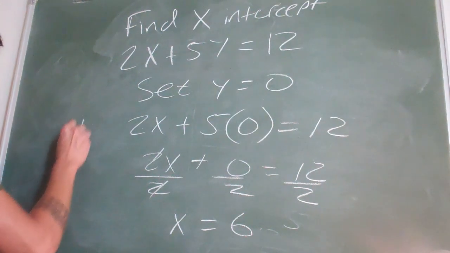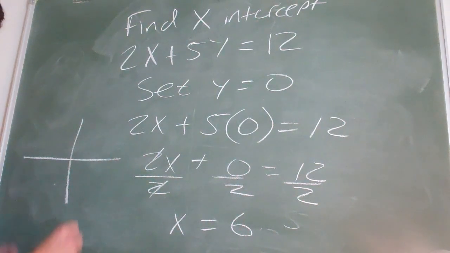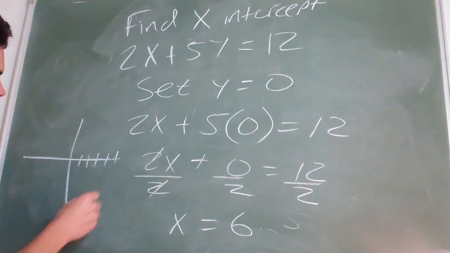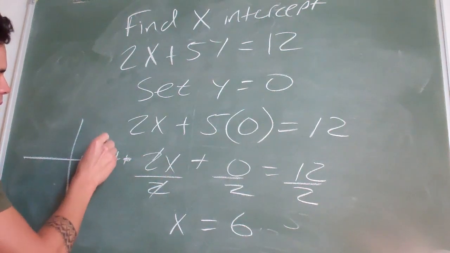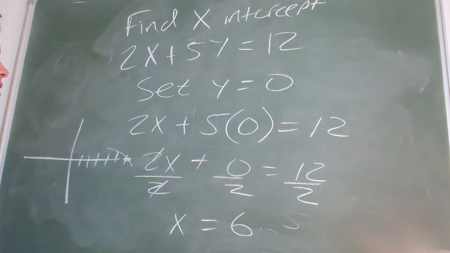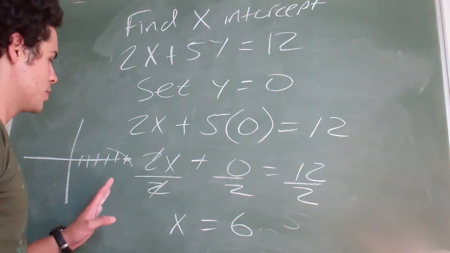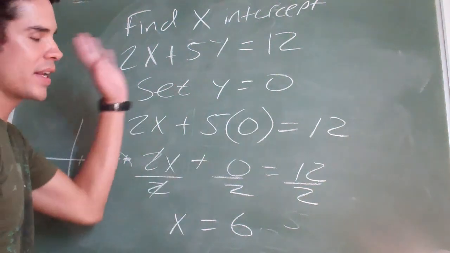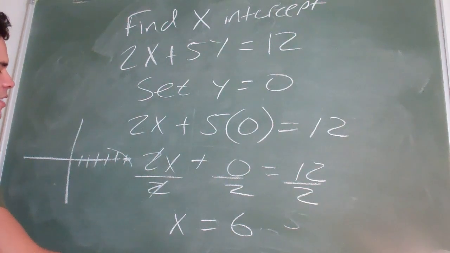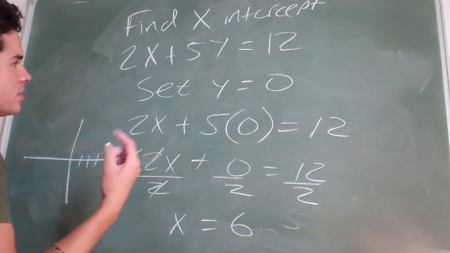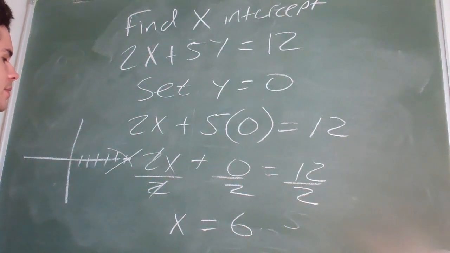So on our graph, at x is equal to 6, 1, 2, 3, 4, 5, 6, there's going to be a line passing through there. We don't know the specifics about the line just yet, unless we plotted some numbers. But actually in this case, it's just going to be a straight line, since this is a linear function.